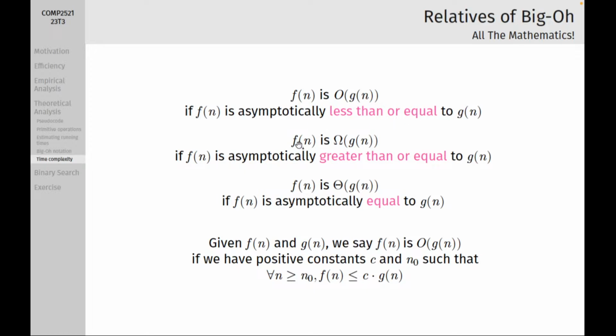Big omega says that f of n is asymptotically greater than or equal to g of n, and this is big theta, which says that f of n is asymptotically equal to g of n. So you don't need to worry about big omega and big theta. Big O is the only one you need to worry about in the course. And this is just the definition of big O again.